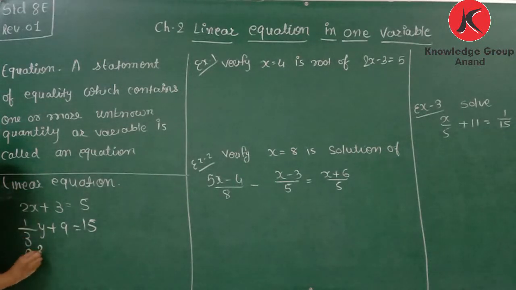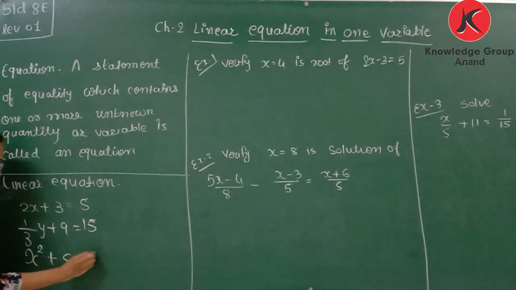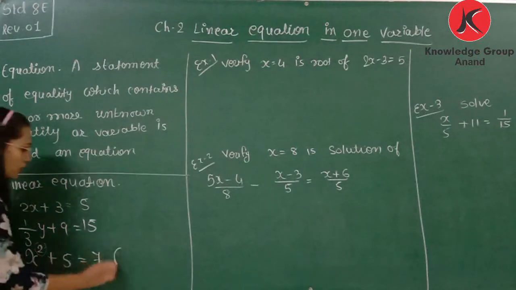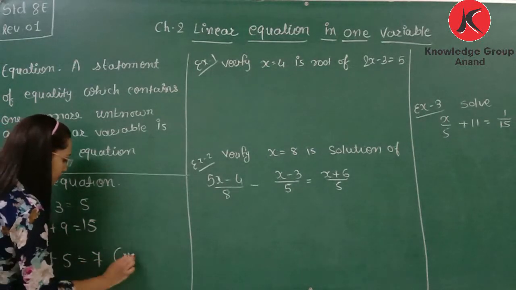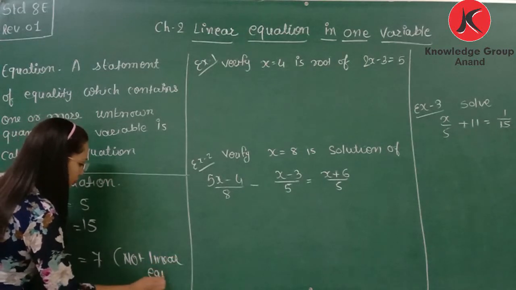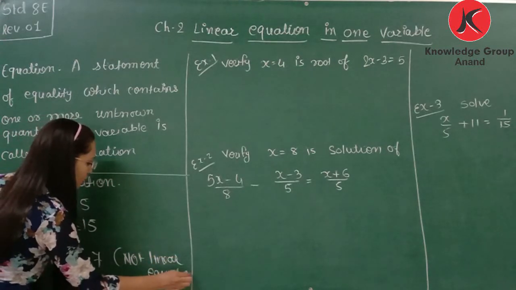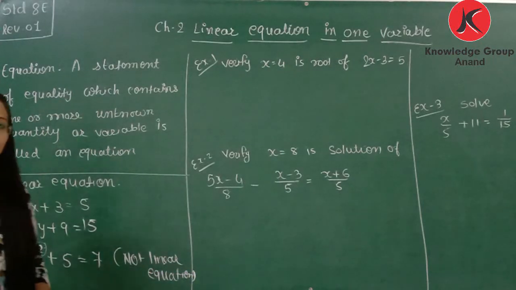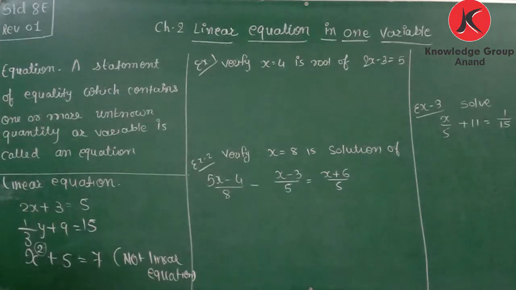But if we have x square plus 5 is equal to 7, then this is not a linear equation. Why? Because here power of x is 2. So not a linear equation. So what is a linear equation? It is an equation in which power of variable is not more than 1.